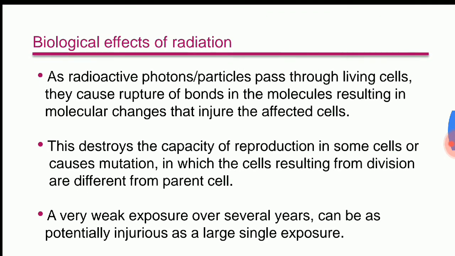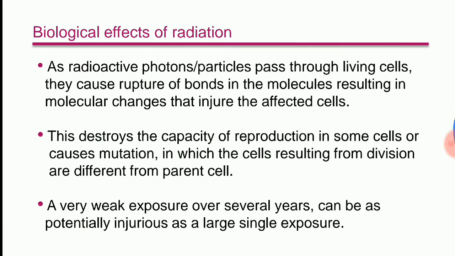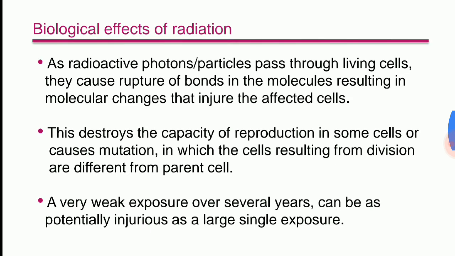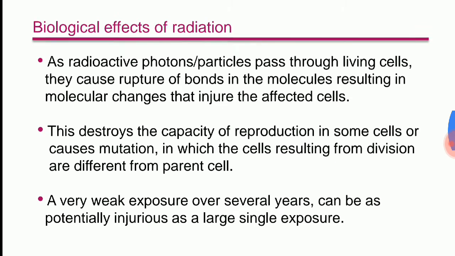Biological effects of radiation. As radioactive photons or particles pass through living cells, they cause rupture of bonds in the molecules, resulting in molecular changes that injure the affected cell.